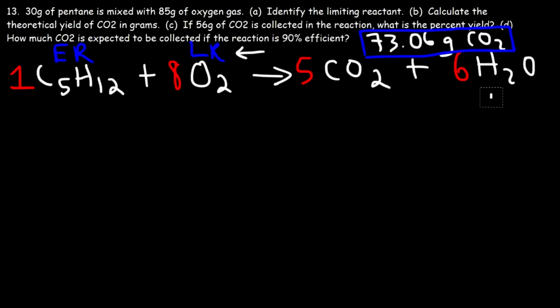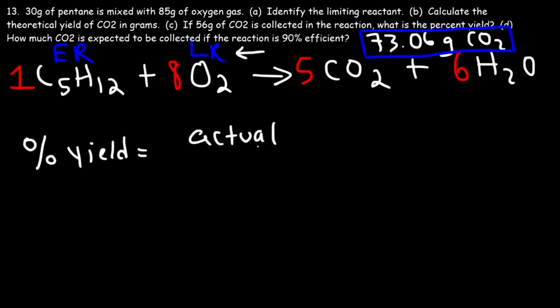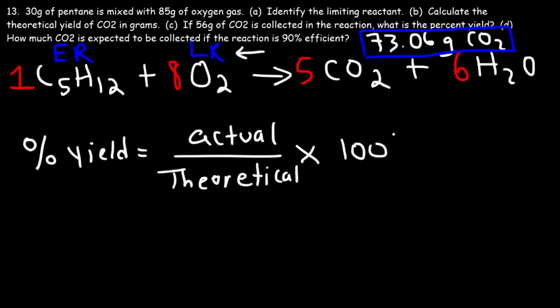Now let's move on to part C. If 56 grams of CO2 is collected in the reaction, what is the percent yield? Percent yield is equal to the actual yield divided by the theoretical yield times 100%. So in this example, the actual yield is 56 grams of carbon dioxide because that's the amount that was actually collected.